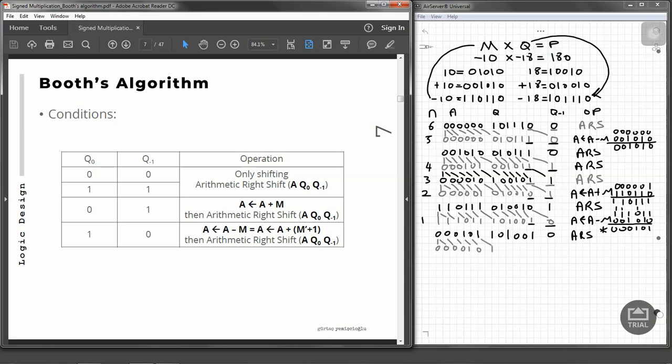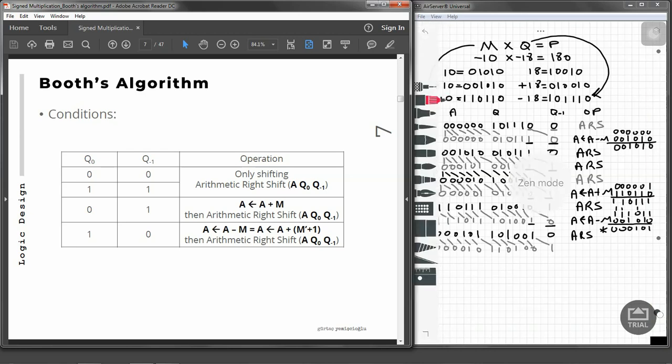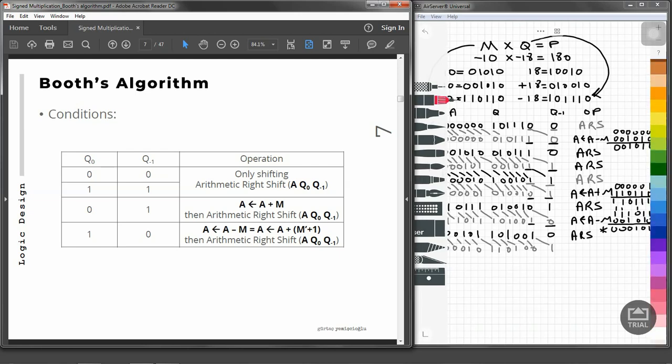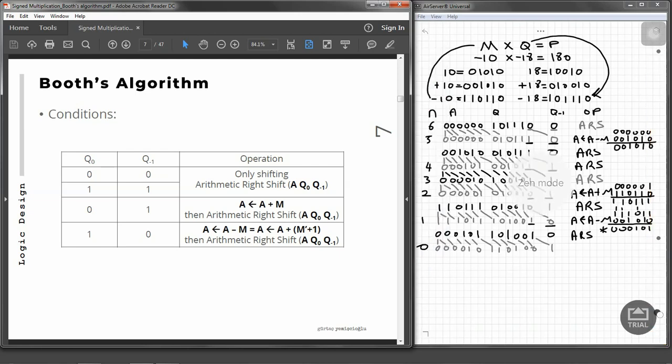That one is shifted, 1 0 1 0 0, and that one will be over here. Now the number of steps is 0. That means we can stop, and let's check the value that we have got.